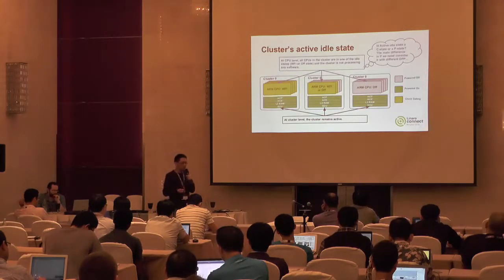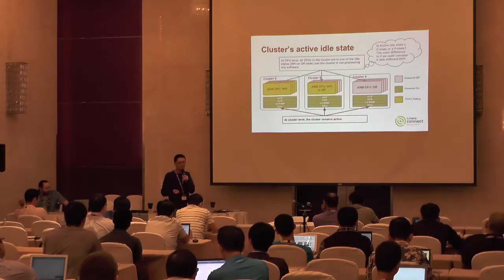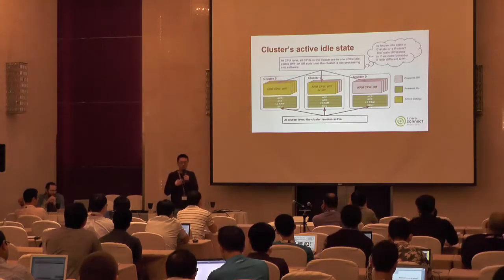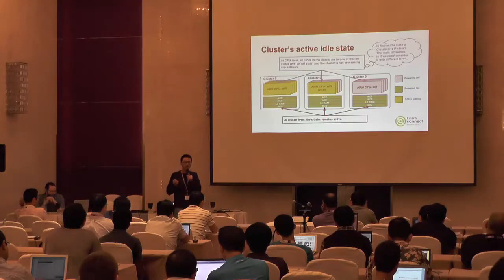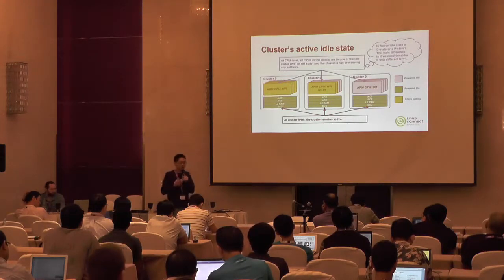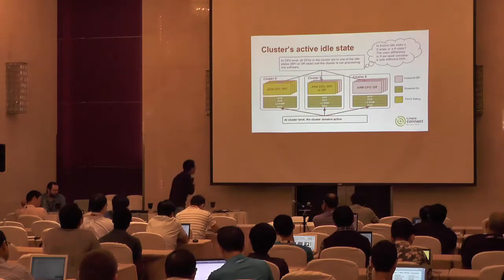The question is, is this state a P state or a C state? The difference is, if we think it's a C state, it is one single state. But if we take it as a P state, we should think about its current voltage, because different voltages may introduce quite different power data for this state. So we can see the next page.